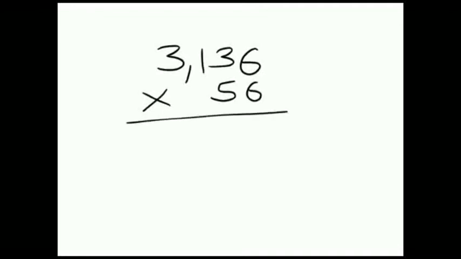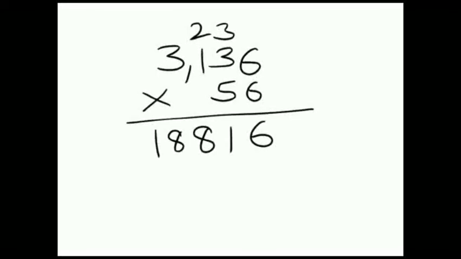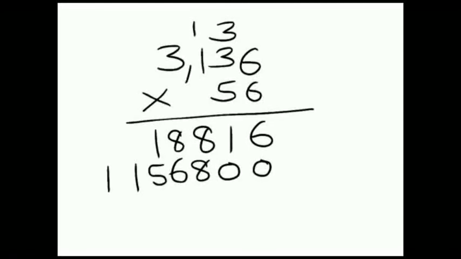So I will multiply here 3136 into 56. 6 6s are 36. 6 3s are 18. 18 plus 3, 21. 6 1s are 6 plus 2, 8. 6 3s are 18. 5 6s are 30. 5 3s are 15 plus 3, 18. 5 1s are 5 plus 1, 6. 5 3s are 15. Now add this.